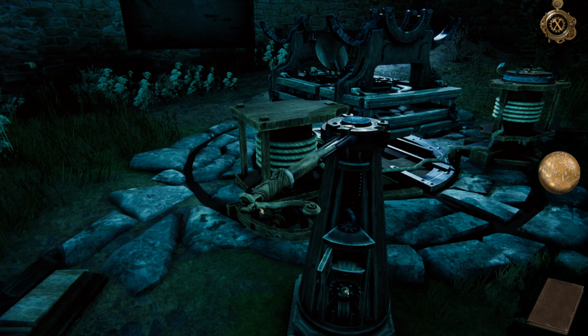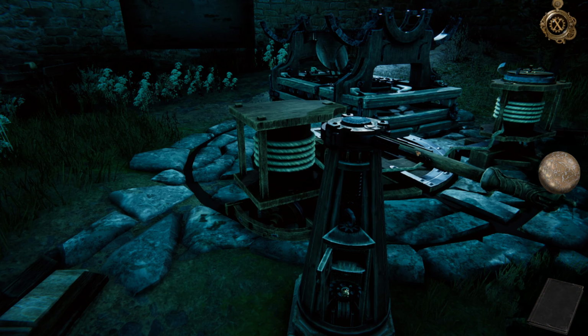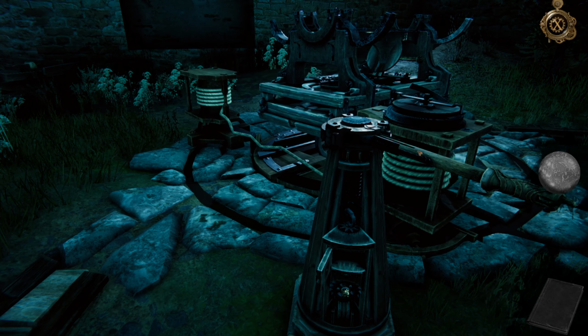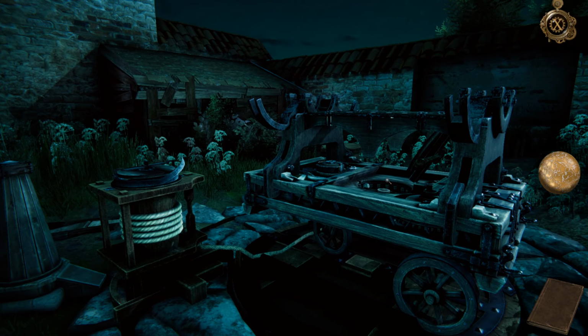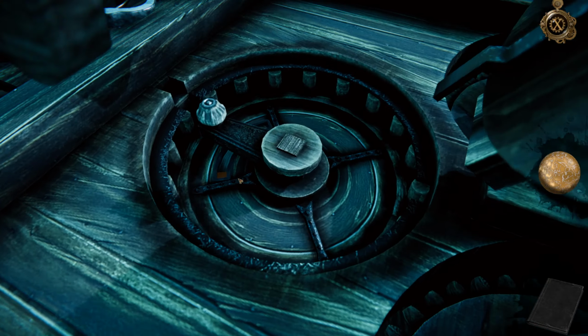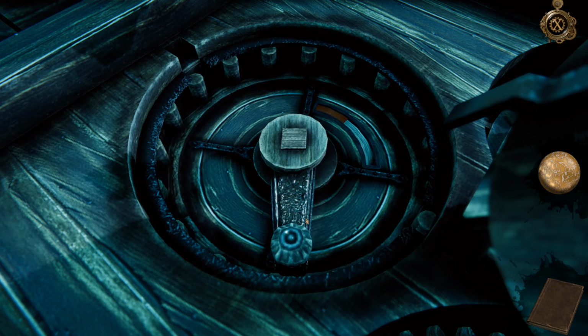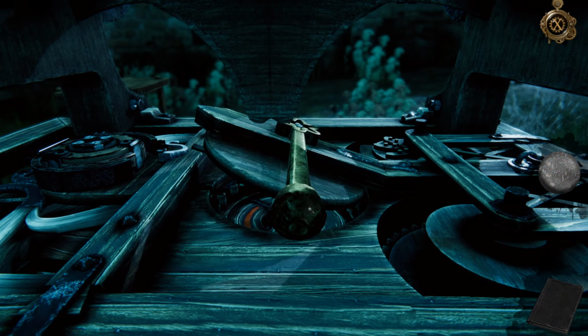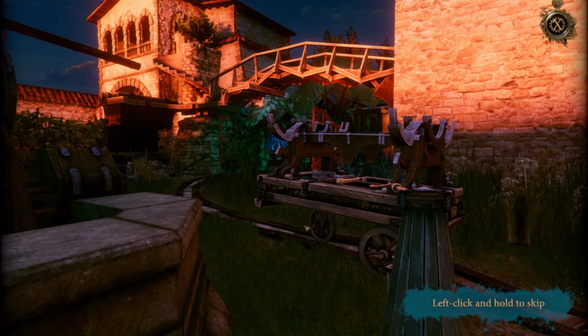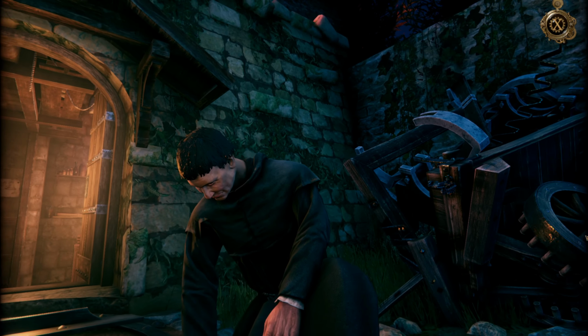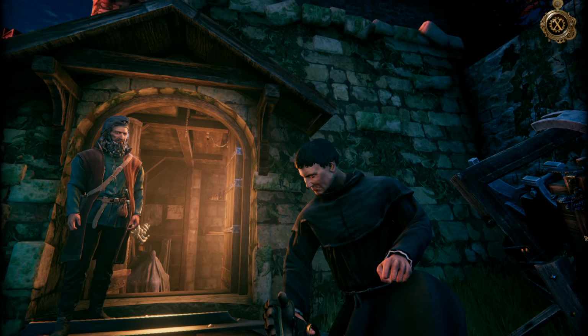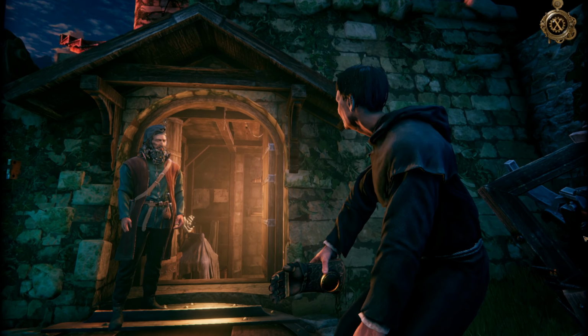If I come over here... I mean, it's kind of cool to battering ram someone's ass from the past. I don't know what happened. Gotta be honest with you. I don't really understand how doing that.